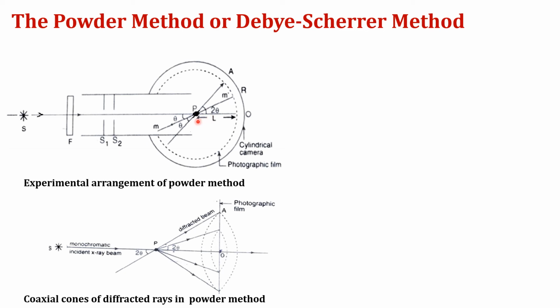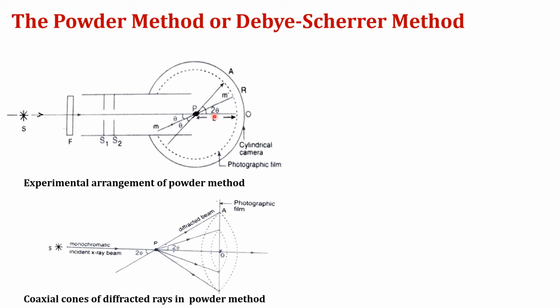Another fraction of grains will form another set of planes, also correctly oriented to the incident light, and therefore reflection is also possible from another set of planes.